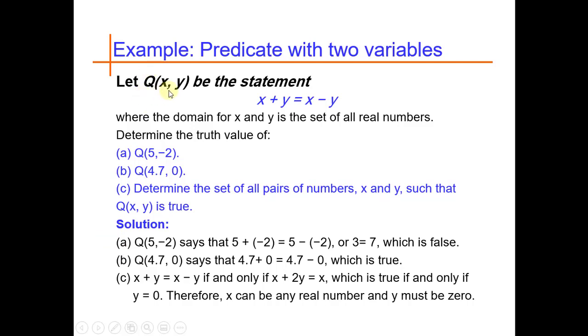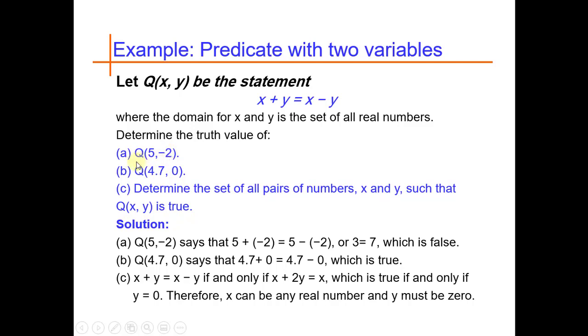So now we consider an example of a predicate with two variables. Let Q(x,y) be the statement: x plus y is equal to x minus y. So this is our predicate with two variables, with the domain for x and y being the set of all real numbers. Determine the truth set of: part a, Q(5, minus 2); part b, Q(4.7, 0); and part c, determine the set of all pairs of numbers x and y such that Q(x,y) is true.